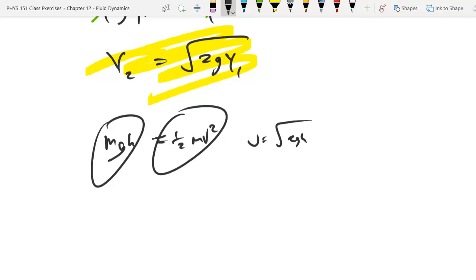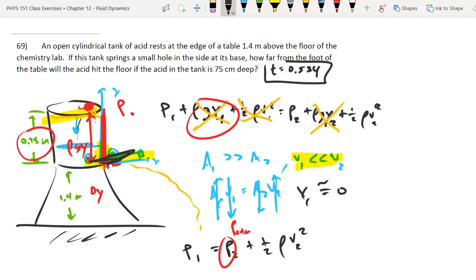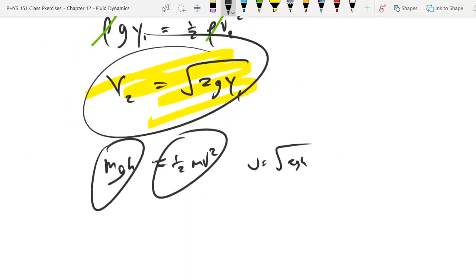So with a couple of little assumptions here, if this is small enough that we don't have to consider the speed of this, and also that atmospheric pressure is very small relative to the fluid, which is generally the case when dealing with air and a liquid, we get basically the same thing. So the speed at exit from a tank is just the square root of 2 g y1.